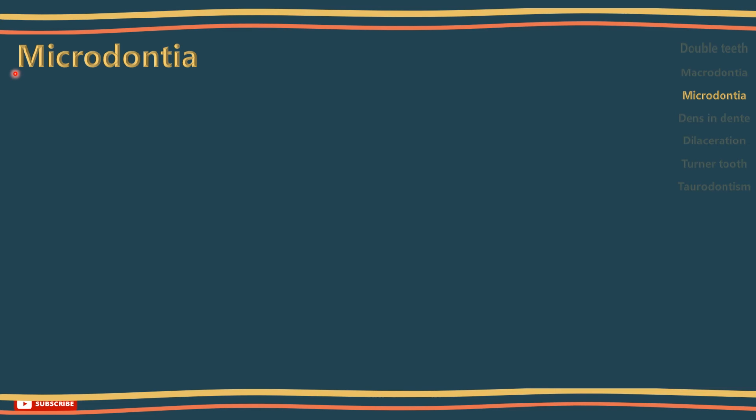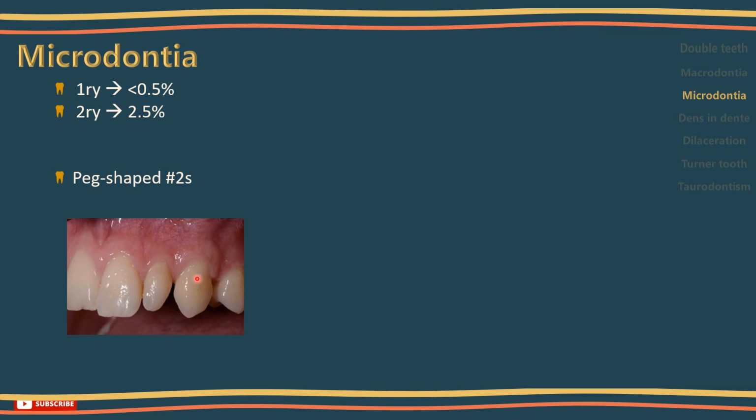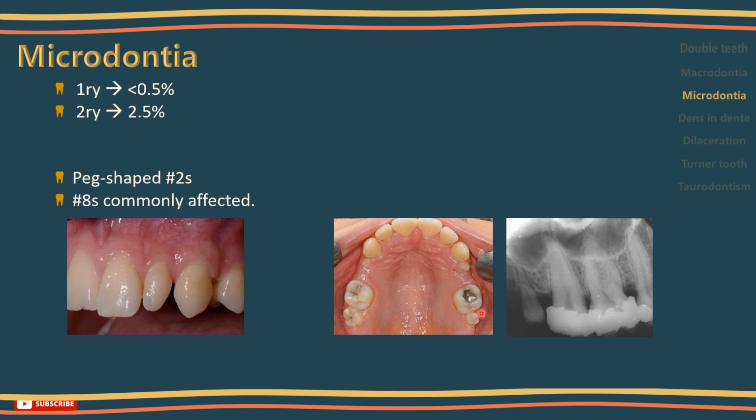Microdontia, meaning smaller tooth size than normal. Prevalence in primary dentition is less than 0.5% and in secondary dentition is 2.5%. Peg-shaped laterals often have short roots and therefore they are thought to be a possible factor in palatally displaced canines. Eighths are also commonly affected.